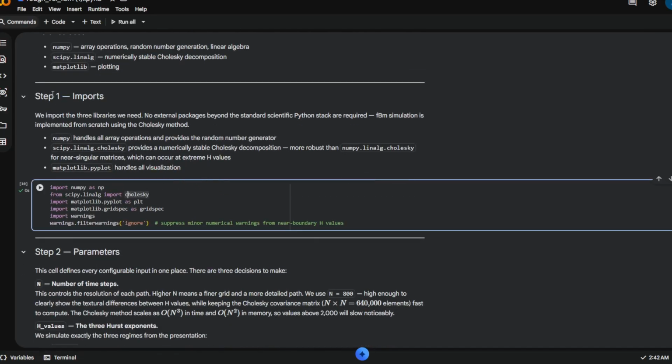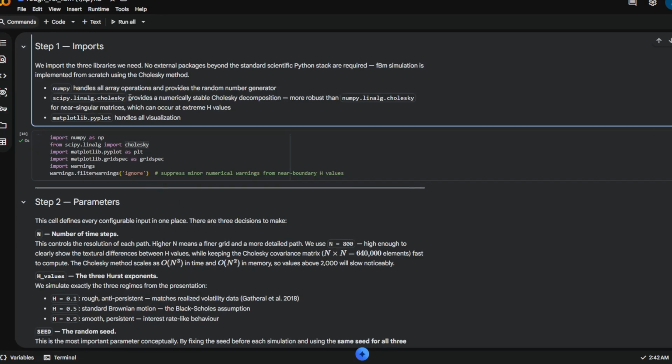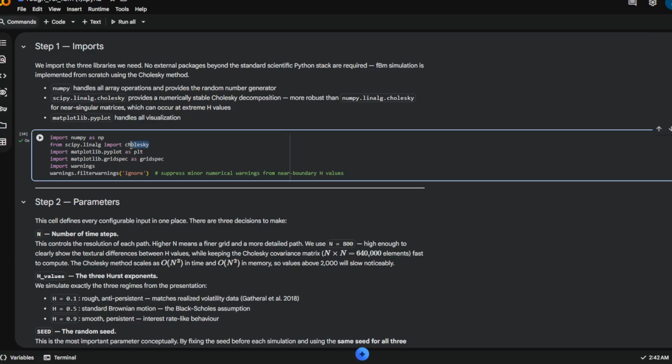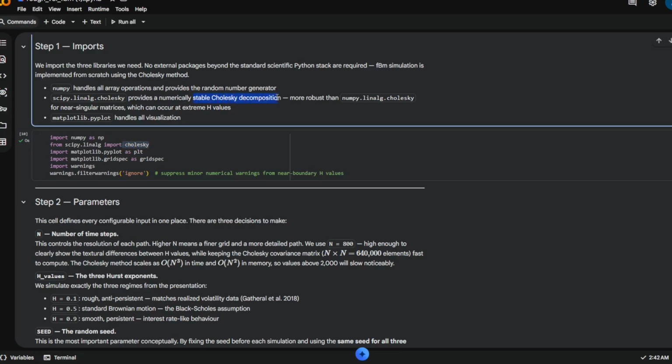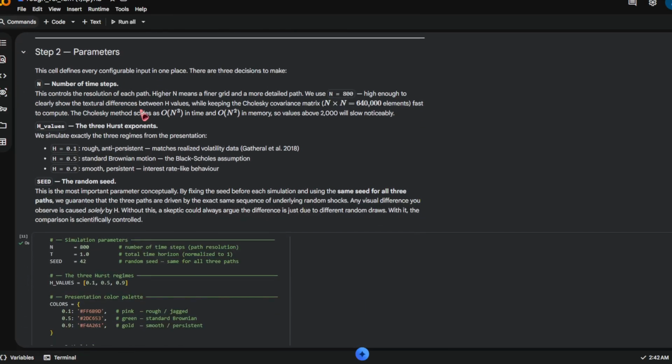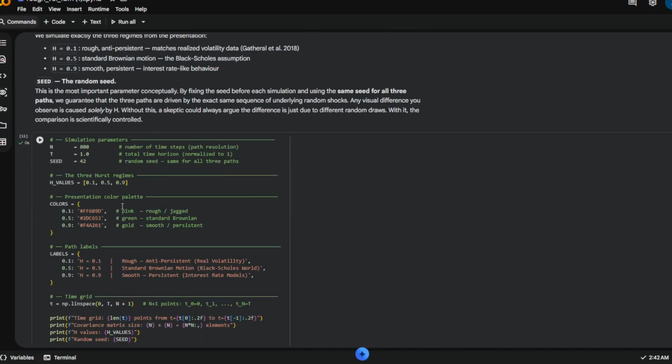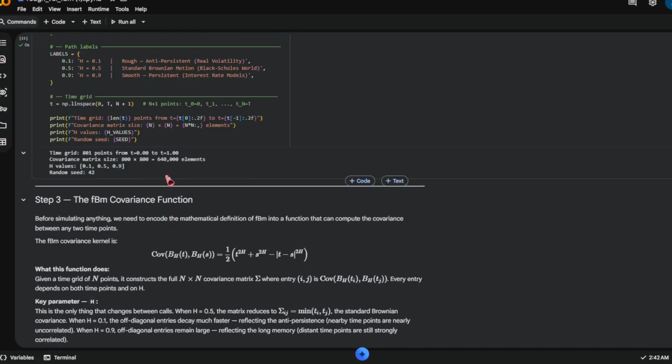We'll start by importing the libraries. We will use the Cholesky decomposition from SciPy, because it's more robust than the linear algebra Cholesky for near singular matrices, which can occur at extreme H values. Then we will set the parameters, N, H, dt, etc., and set up some colors and labels. We will have 800 by 800 elements, which is this number.